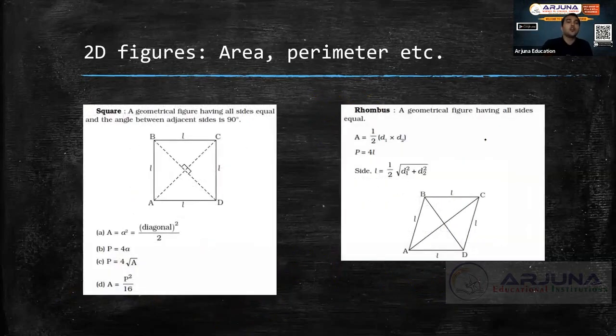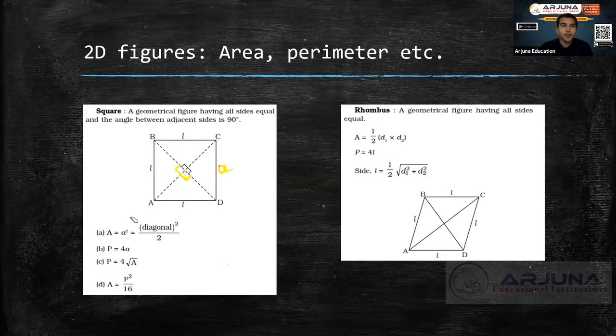If they are not perpendicular, it is only a rectangle. So for a square, AC is equal to BD and AC is perpendicular to BD. And if the side length is A, the area will be A square.